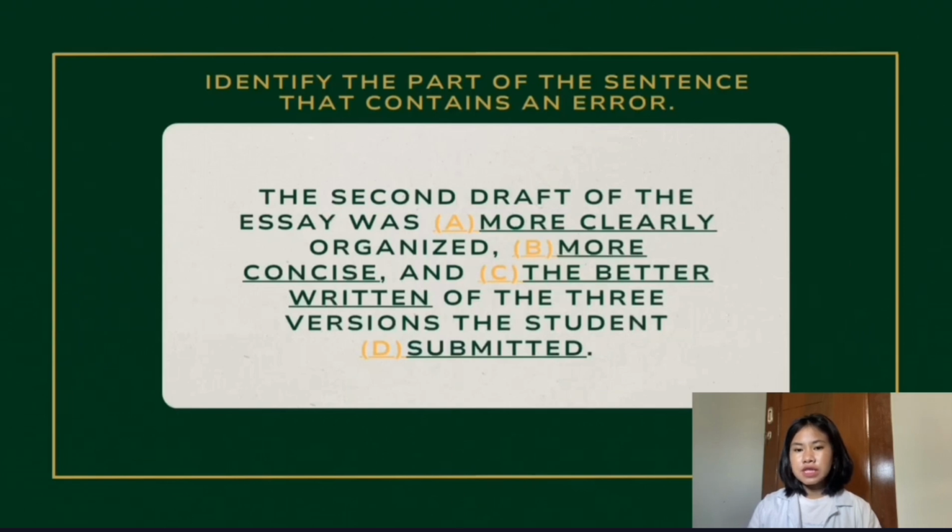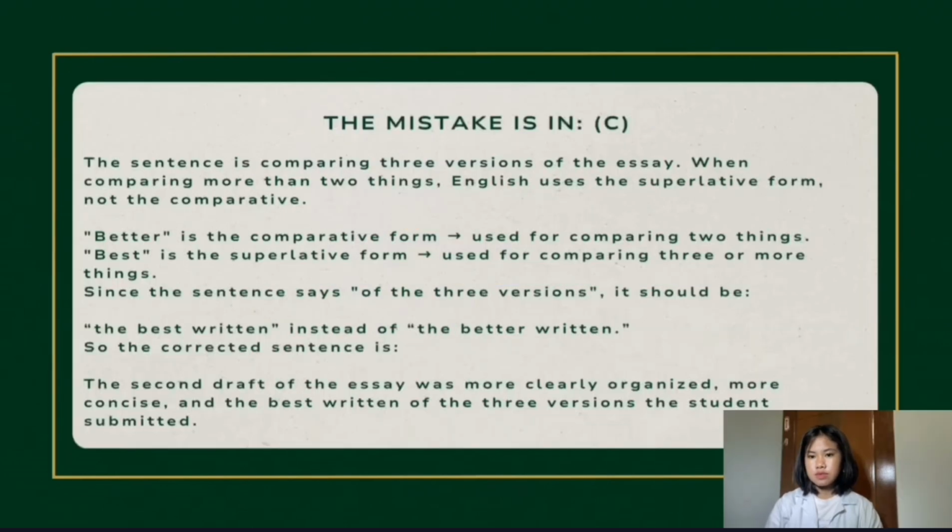Identify the part of the sentence that contains an error. The second draft of the essay was more clearly organized, more concise, and the better written of the three versions the students submitted. The mistake is in C. The sentence is comparing three versions of the essay. When comparing more than two things, English uses the superlative form, not the comparative. Better is the comparative form, used for comparing two things.